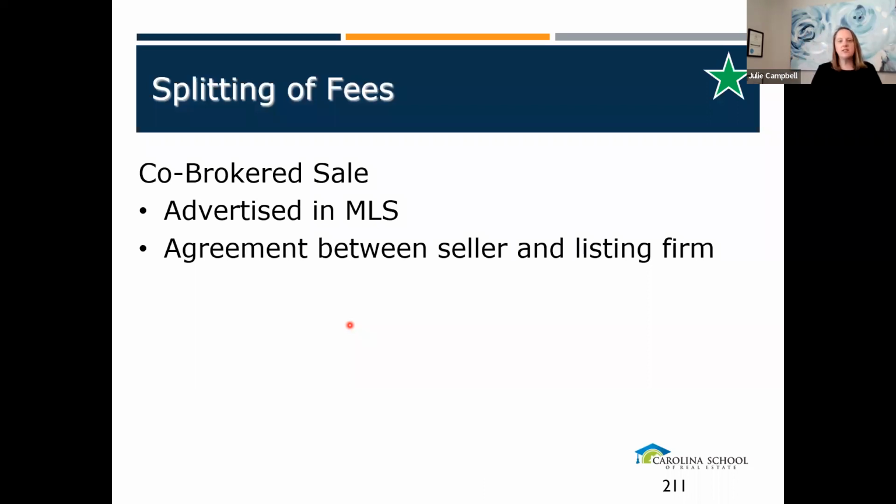And if what the listing firm is offering, advertising in MLS, is not what your firm expects to collect, then we get the balance, the difference, from the buyer. There are only two parties to this transaction. So if the seller's not willing to pay what the firm expects to collect, then our buyer agency agreement says we'll get it from the buyer.